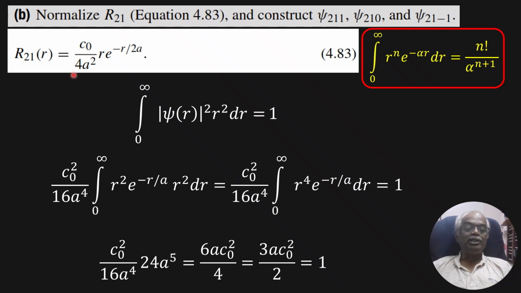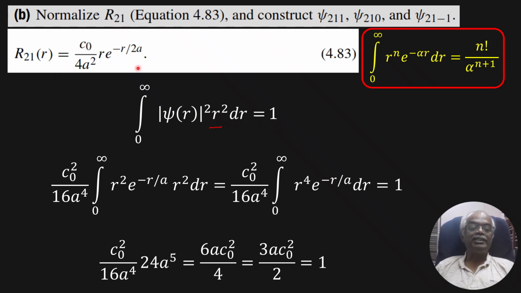In order to find the normalization constant, you integrate this. In Cartesian coordinates, you know very well it is minus infinity to plus infinity. Here it is 0 to infinity, and an r squared also will come because it's a spherical coordinate system. That is, the integral of modulus psi squared r squared dr must be equal to 1.